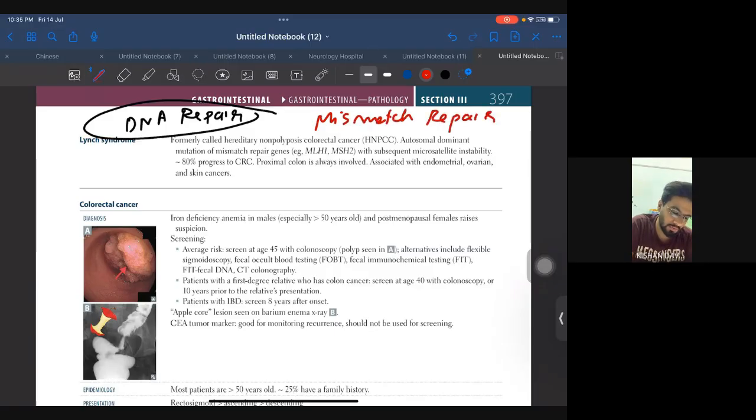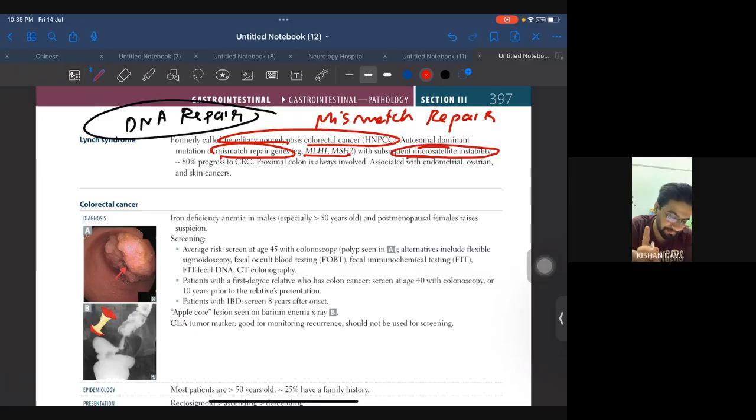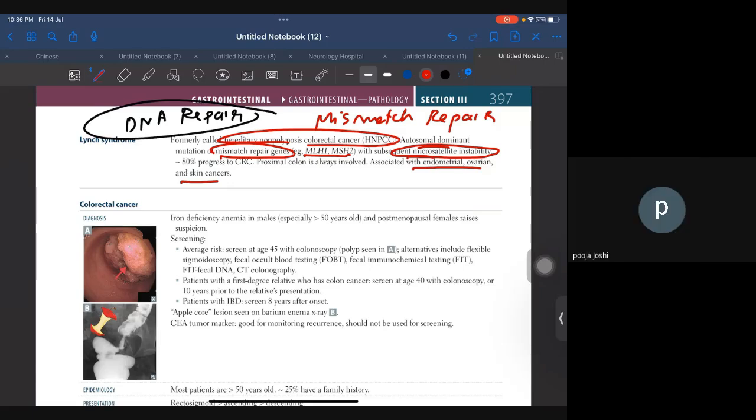So HNPCC is another name. Autosomal dominant, mismatch repair, MLH1, MSH2, with subsequent microsatellite instability. And as I told you, how will the case present to you? Can anyone tell me the case presentation?